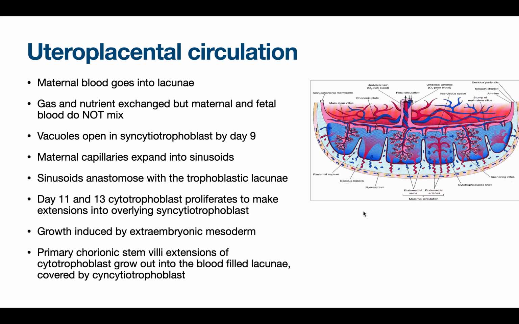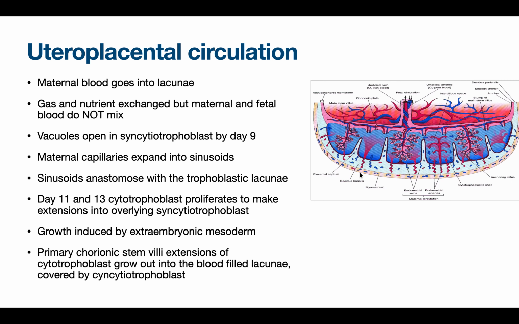So the maternal blood will go into the lacuna, and that's where the gas and nutrients will be exchanged between the endometrial veins and arteries and the villi, and the vacuoles of course will open in the syncytial trophoblast by day 9.